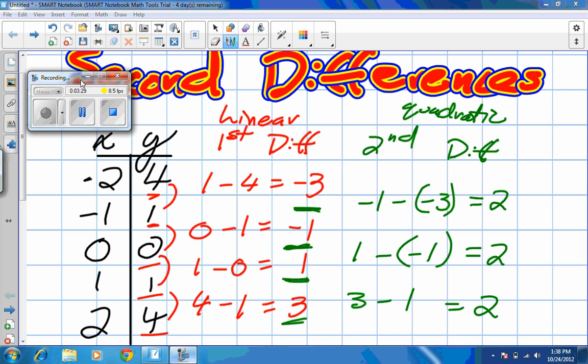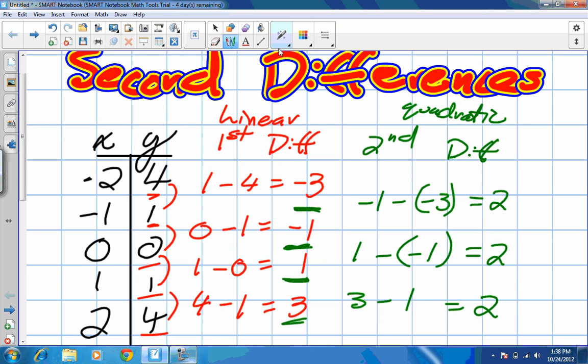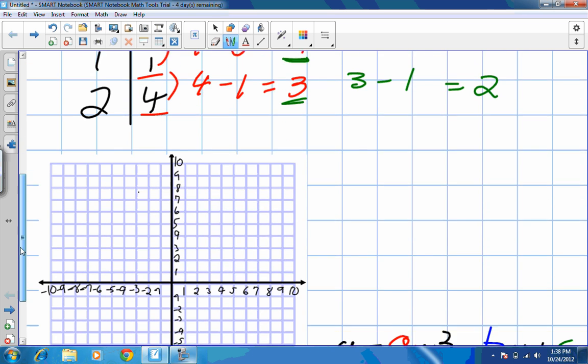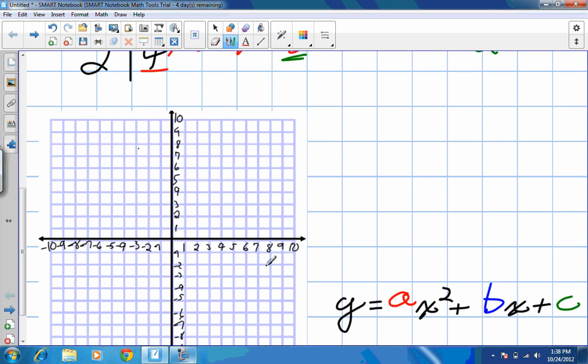So, now that we know how to tell by looking at a table whether something is linear or quadratic, let's actually talk about what that means. Okay, we're going to go on a graph here. Now, quadratic relationship, if you guys notice, we have ax squared plus bx plus c. This trinomial is a quadratic because we have a variable that is to the power of 2.